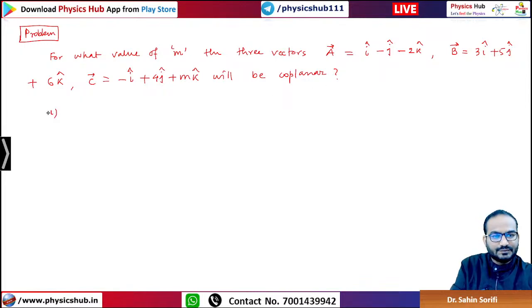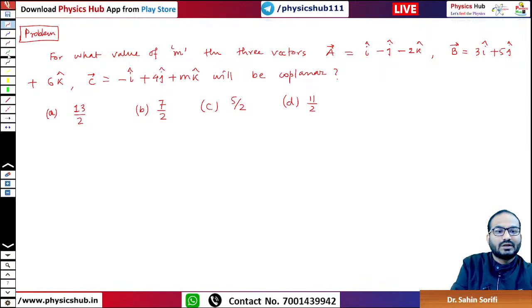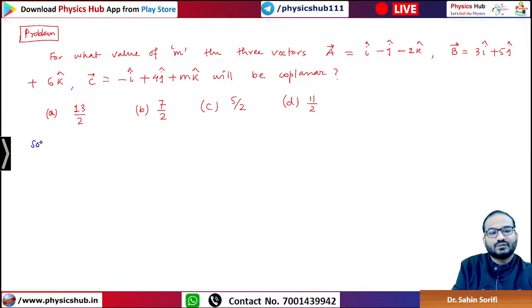You are given 4 options. Option A 13 by 2, option B 7 by 2, option C 5 by 2, and option D 11 by 2. So how can you solve this particular problem? For what value of m will these three vectors be coplanar?